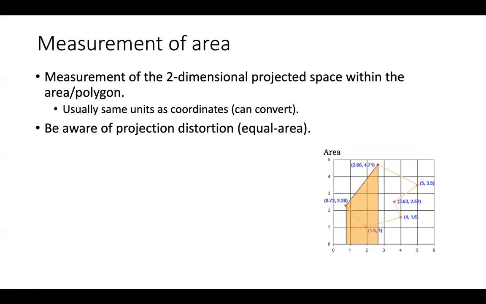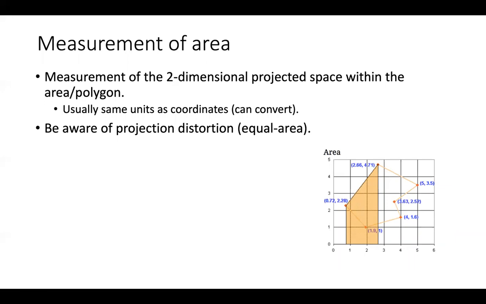Next up, let's talk about measurement of areas. One of the things we often want to do is measure the area of a polygon. This is the measurement of the space in 2-dimensional projected space. This is given to the user in the same units as the coordinates. So make sure you're using a projection which uses coordinates that you can use. Maybe something like meters.